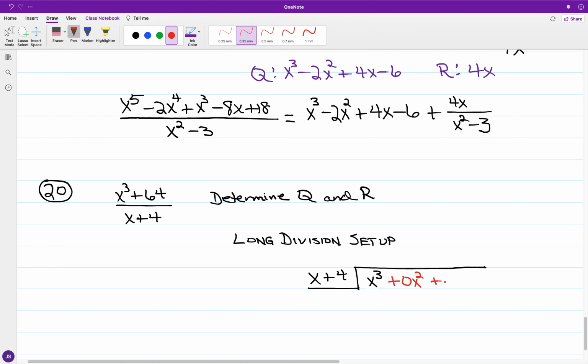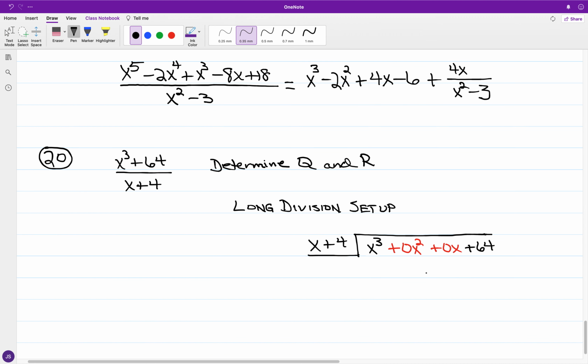So I have plus 0x squared plus 0x, and we have plus 64. Now, I can use synthetic division because the divisor is x plus 4, and that x is first degree.